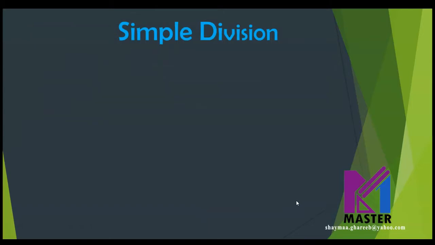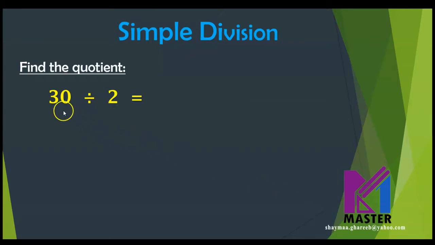Simple division. Let's start by revising very simple division sentences and find the quotient in each one. 30 divided by 2. What is the number when I multiply it by 2 that gives me 30? Or how many 2's are there in 30? Or half the 30?